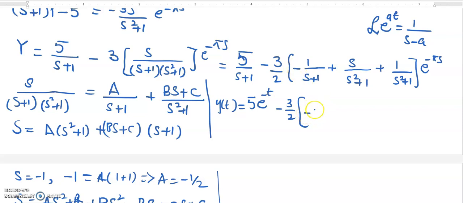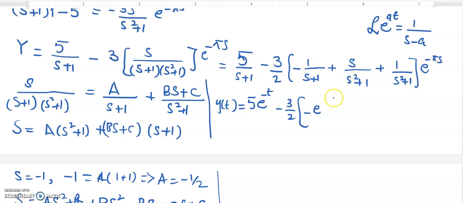So minus is here, and s plus 1 is for e power minus t, but remember that this is being multiplied by e power minus pi s, so we have to introduce the unit step function in this case.